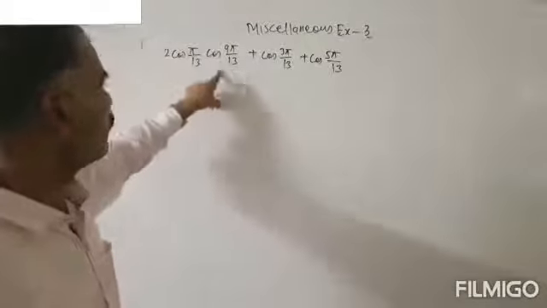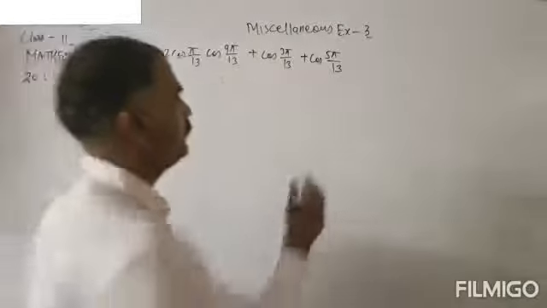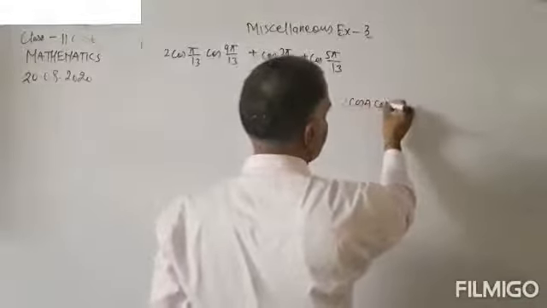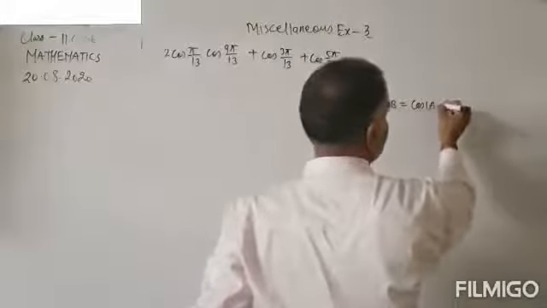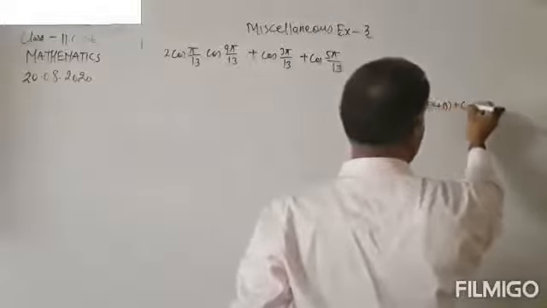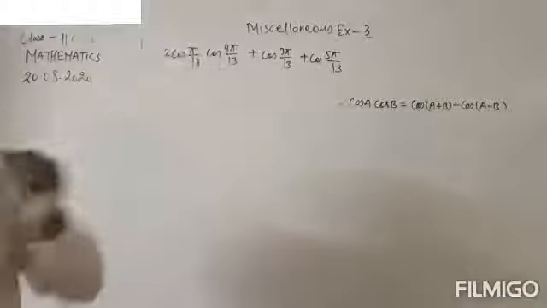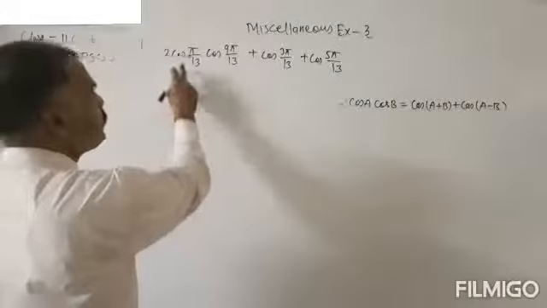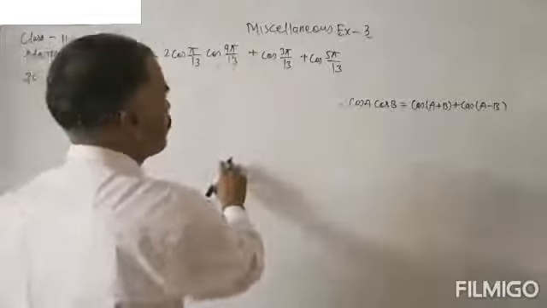Here 2 cos A cos B is equal to cos of A plus B plus cos of A minus B. Using this identity, A equals pi by 13 and B equals 9 pi by 13.